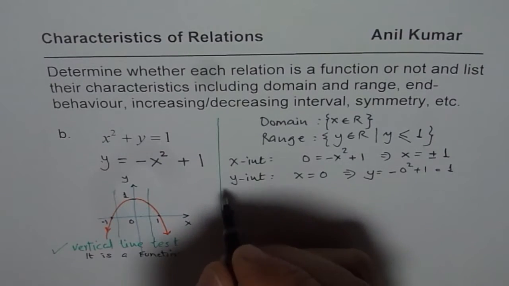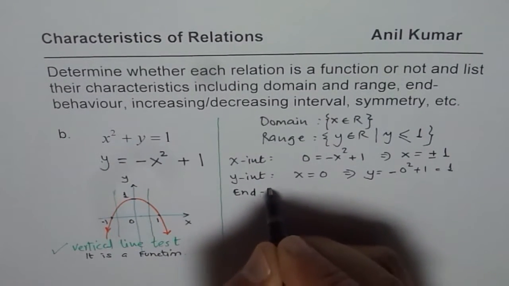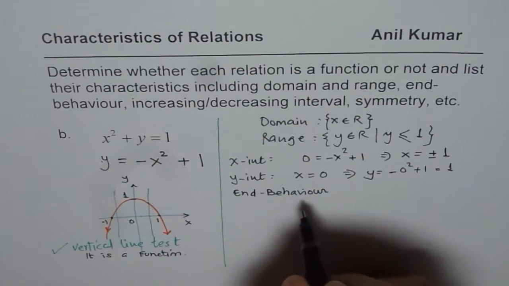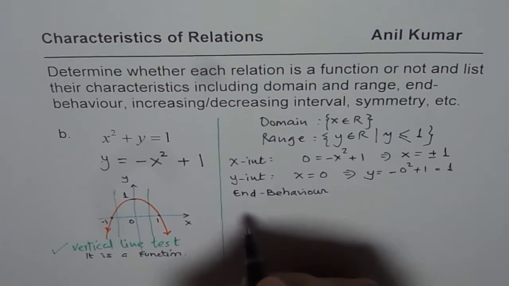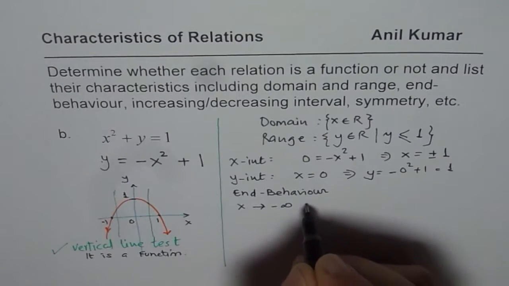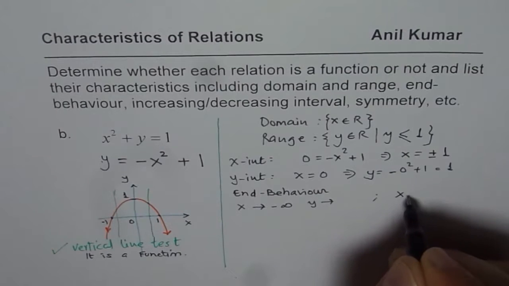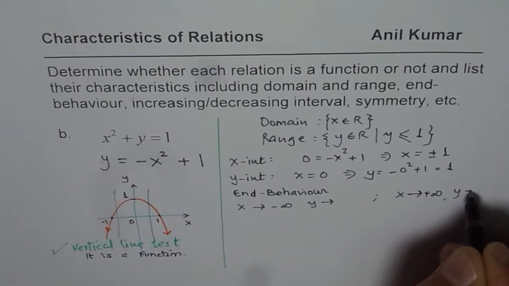Now let's look into end behavior. End behavior really means how the function behaves as x value is very large. That is to say, when x is very large negative value, what happens to y value, right? And also when x is very large positive value, what happens to the y value?